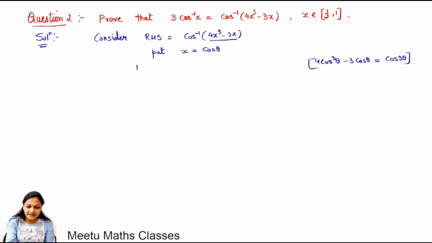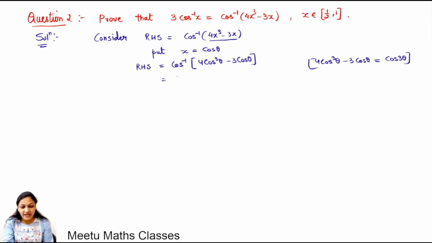So our right hand side will become cos inverse of 4 cos cube theta minus 3 cos theta, and this can be replaced by cos 3 theta.